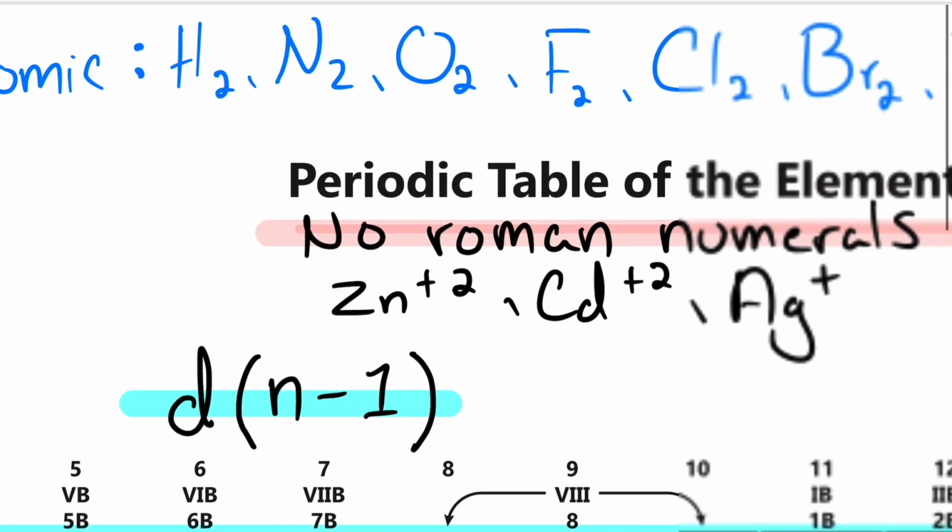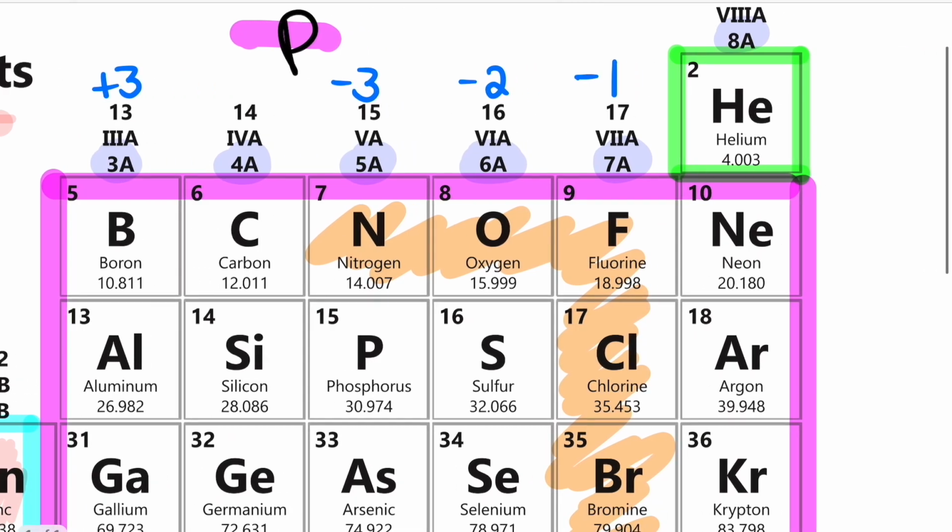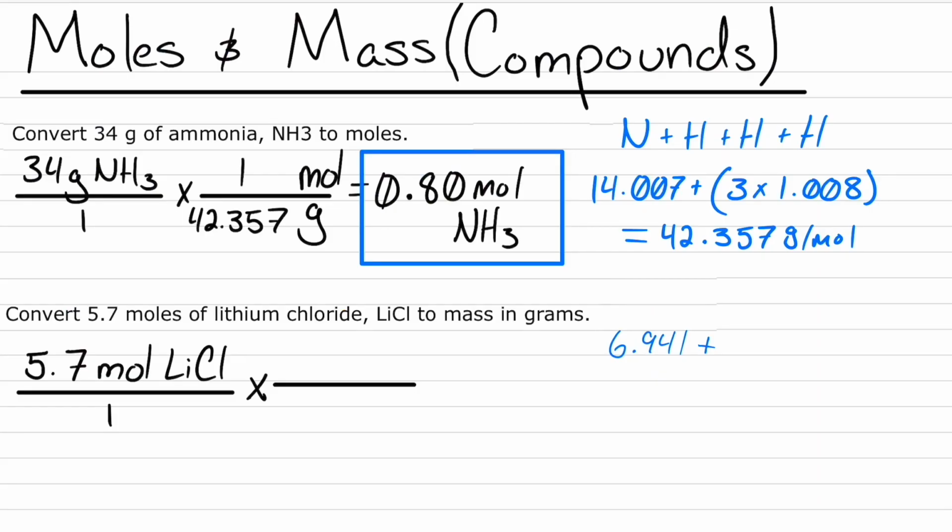And chlorine has a molar mass of 35.453. And then we just add them together to get our molar mass, which comes out to 42.394 grams per mole.